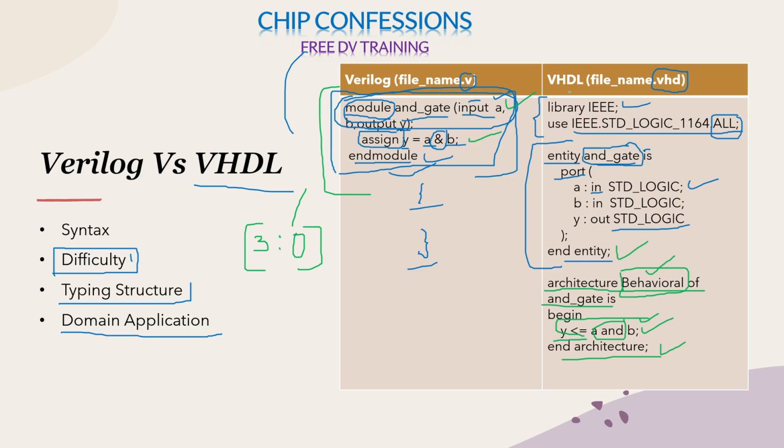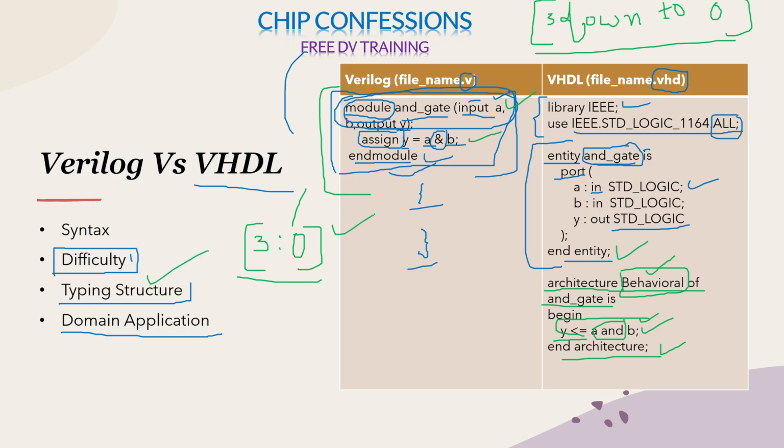You know what we will do in VHDL? We write 3 down to 0, fully in English. Whatever we mention in Verilog as 3 colon 0, in VHDL we have to write in full, 3 down to 0. That is the difference, the typing structure.